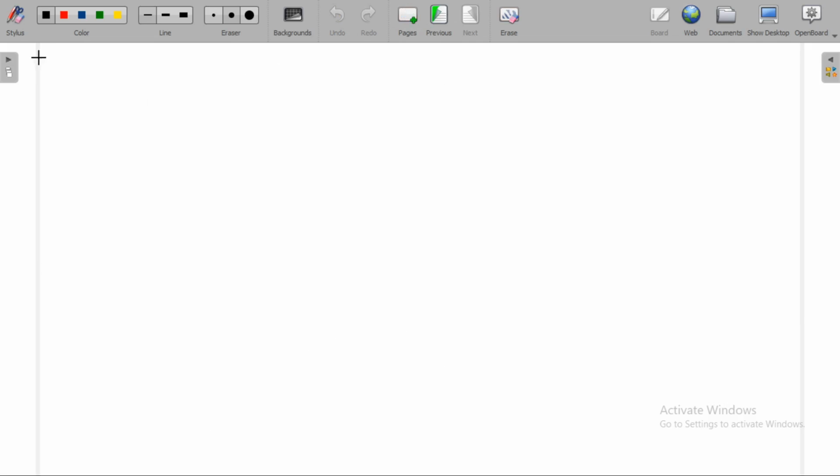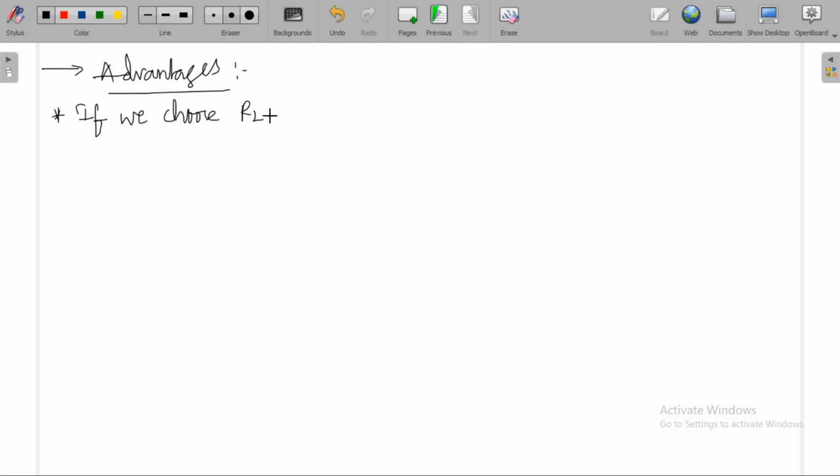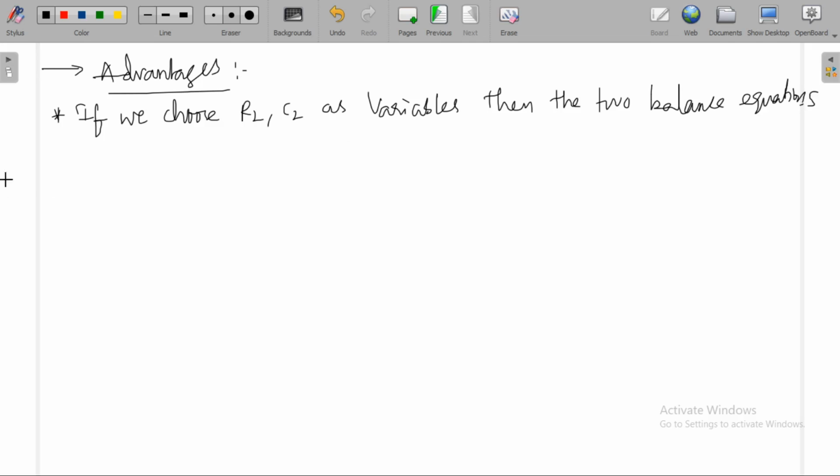Now coming to the advantage, if we choose R2, C2 as variable elements or variables, then the two balance equations are independent.